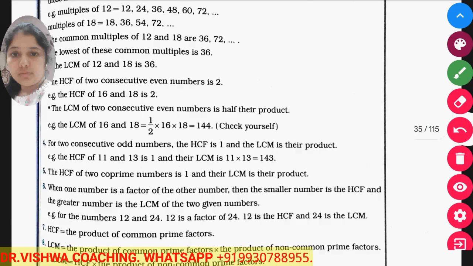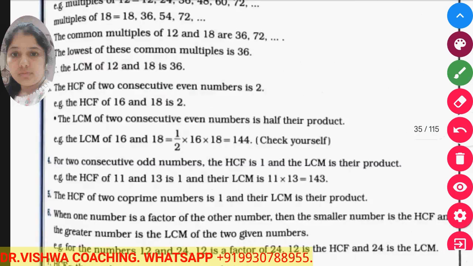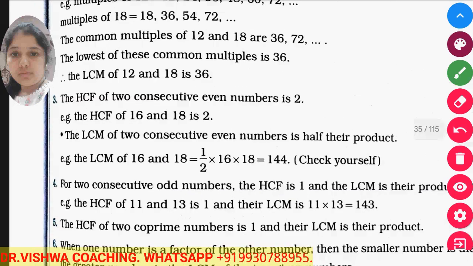Now there are some tricks given to you again. If two consecutive even numbers are there, their highest common factor is 2.